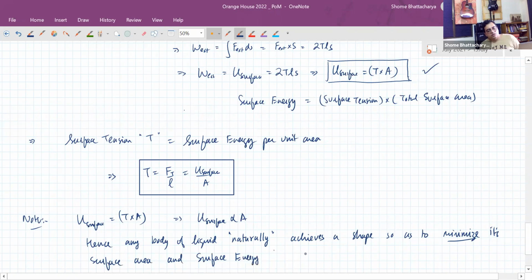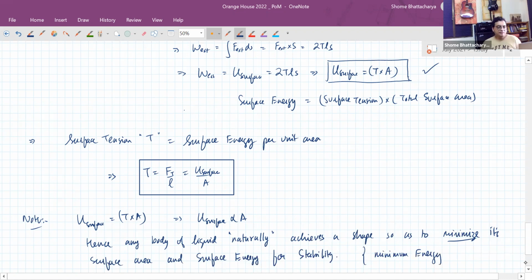For stability, remember that minimum energy corresponds to maximum stability, a concept that you know from work energy. The stable equilibrium condition is at the minimum of potential energy. So from that we understand this. Okay.